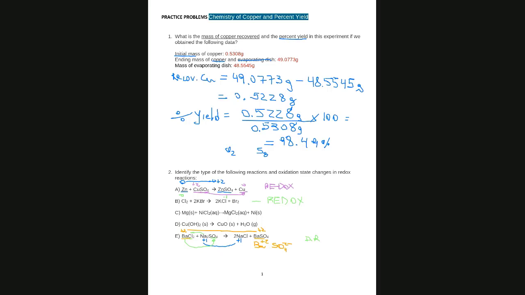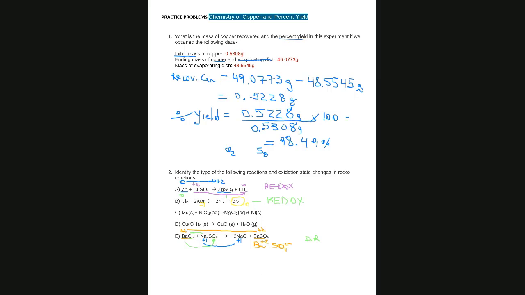Bromide here has a -1, and in the product it is a free element. It's not combined with anybody, so the oxidation state is 0. It went from -1 to 0. The bromide is oxidized. So that's why, when they change the oxidation state, they are redox reactions. Any questions so far?